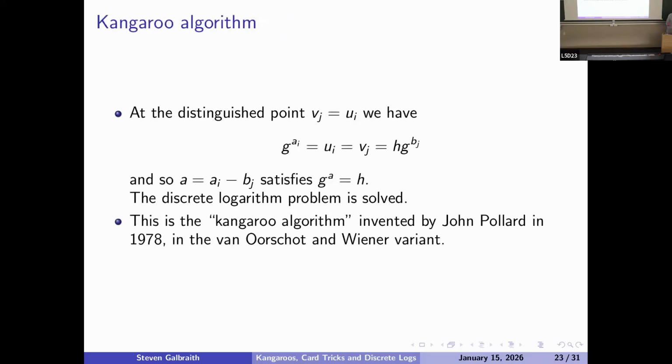Okay, so this is exactly it. So it really comes from this card trick. And in fact, Pollard writes that Martin Gardner had a column. Which magazine was that? Scientific American, right?